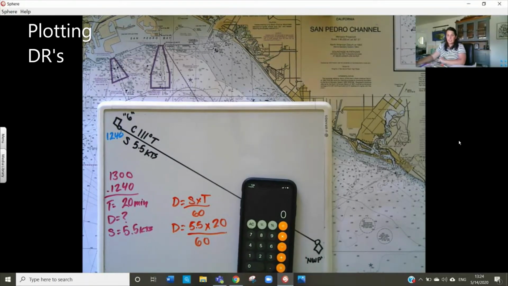So I'm going to plug that in. We have 5.5 times 20 divided by 60. And that equals a distance of 1.8 nautical miles. So I'm going to find my 1.8 nautical miles using my dividers.